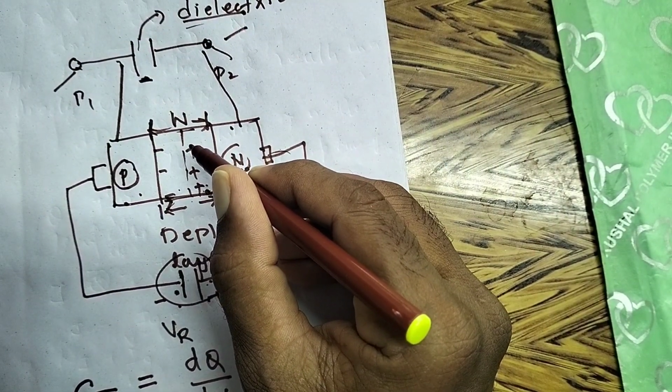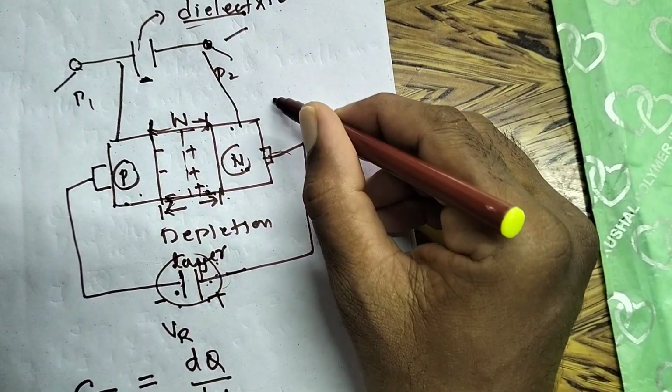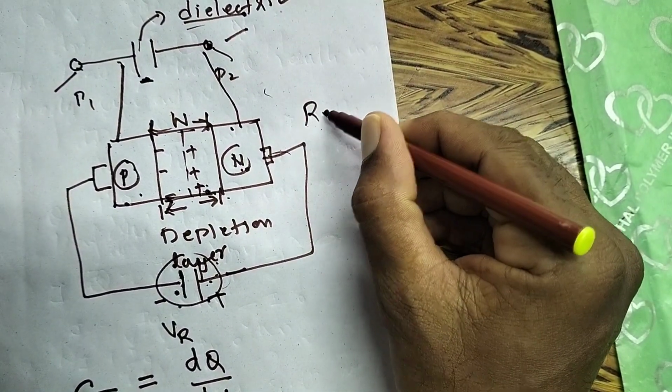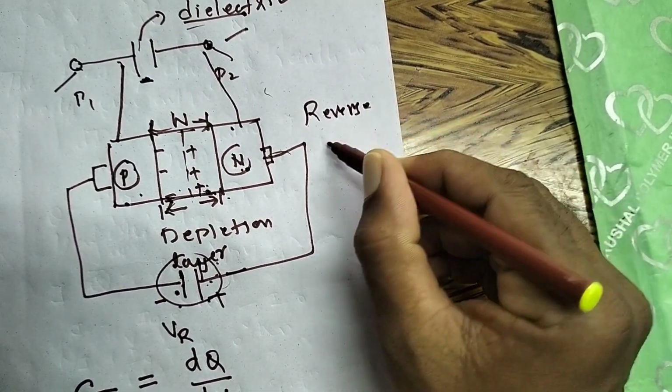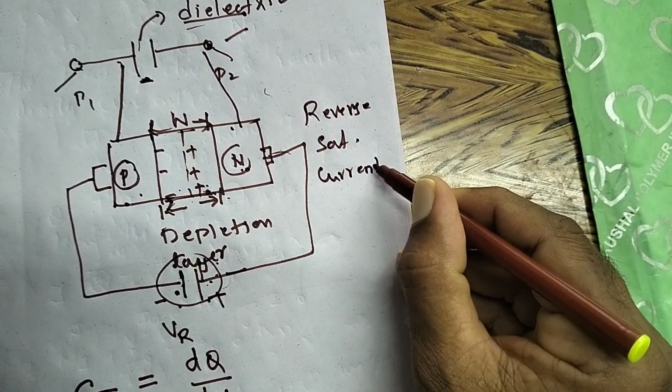But there is some amount of current produced. That current is due to minority charge carriers. That current is called reverse saturation current, which is due to minority charge carriers.